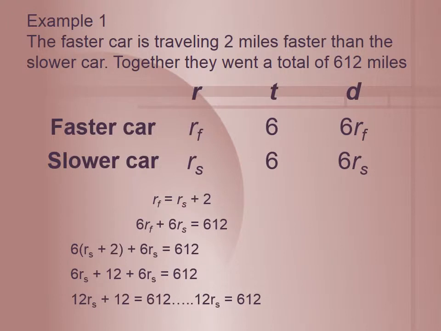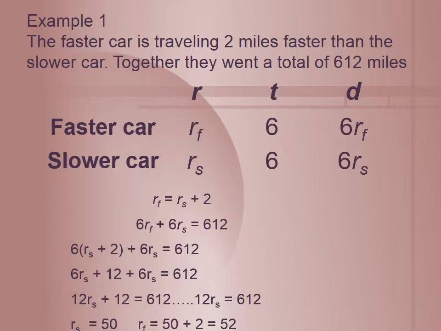And so I can go ahead and subtract 12 from both sides. So it should say 12RS equals 600 right here because 612 minus 12 would be 600. And then 600 divided by 12 would be 50. So R of S is 50.